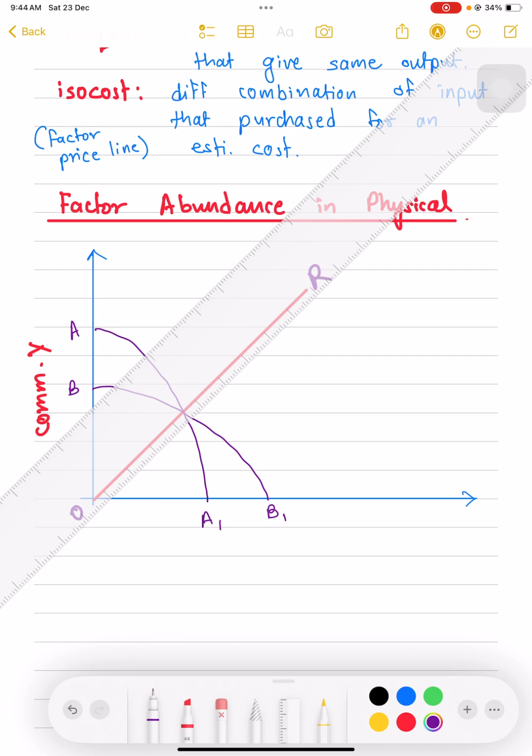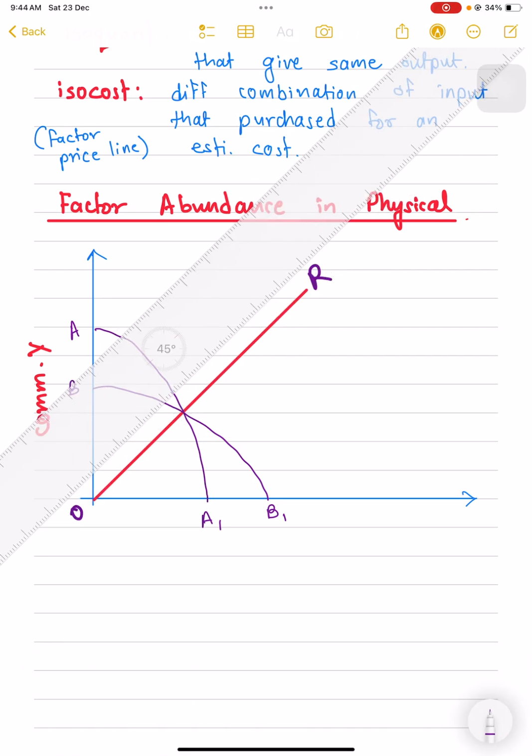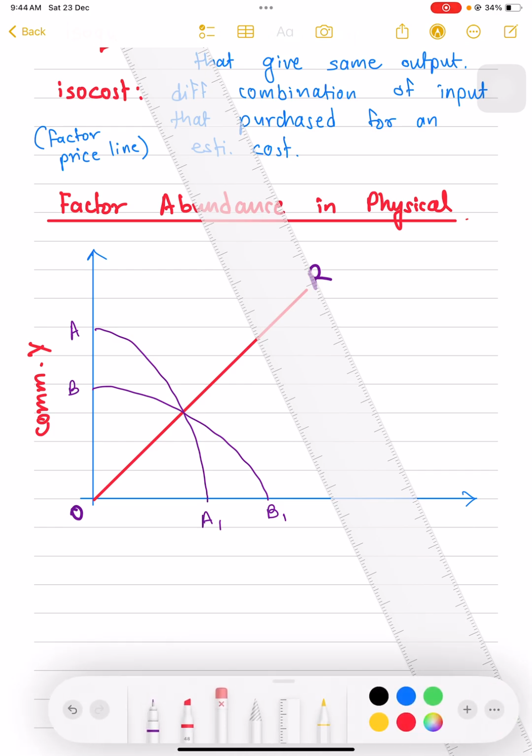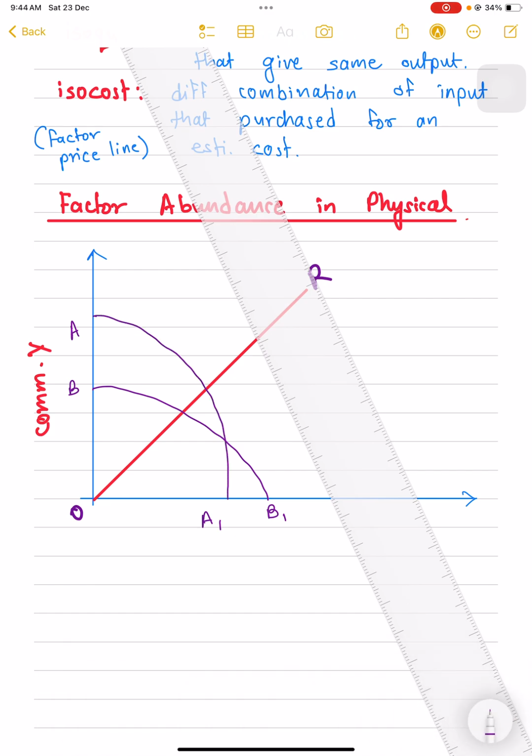The slopes of these two curves show that commodity Y is capital intensive and commodity X is labor intensive. If you look closely, you will get to know the slopes of these curves are showing that country A is capital intensive and country B is labor intensive. And practice these curves, then only you will understand how to draw this in the exam.